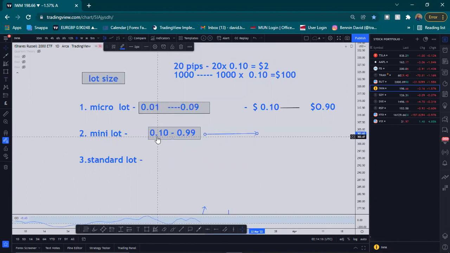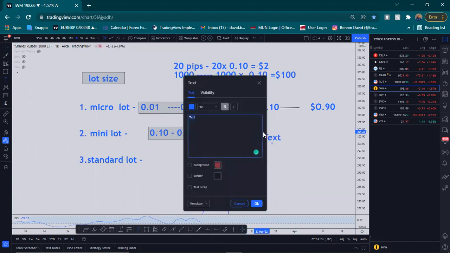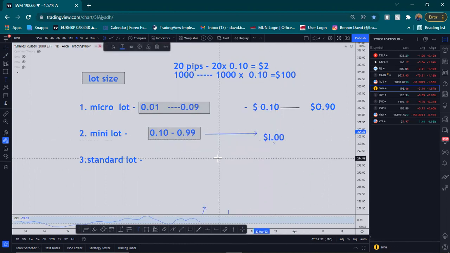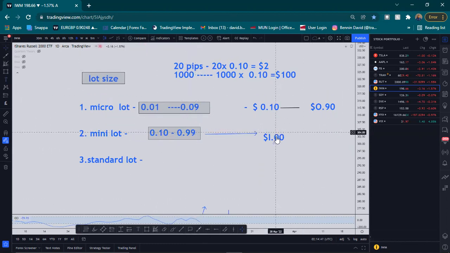So if you are using a mini lot of 0.10, for every single pip, you would make $1, or 1.00, because it's currency, you can put 00 at the end. And if you are using the last value of the mini lot size, if you move the decimal point from here to here, that would be 9.90, or $9.90 for every single pip.